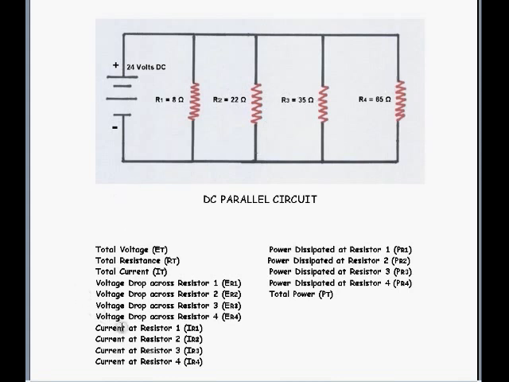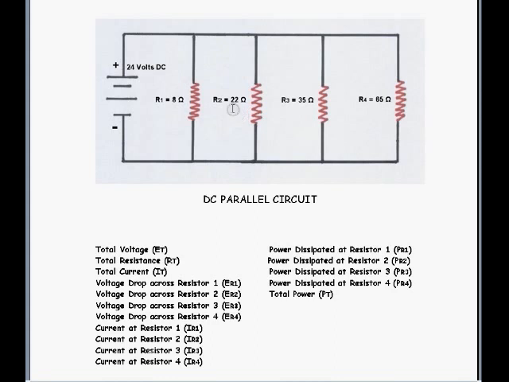So that would get the current at the resistors 1 through 4, and then power is simply P equals electrical power DC is equal to I, which is amperes DC, times E, voltage, which is DC volts. So you take the DC amps times the DC volts to get the DC power in watts.